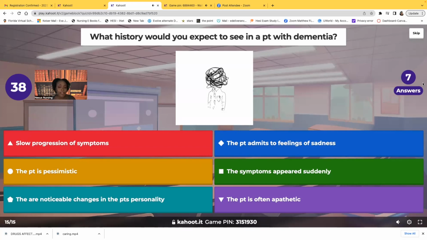The patient's often apathetic. This is a select all that apply. So which history would you expect to see in that patient with a history of dementia?